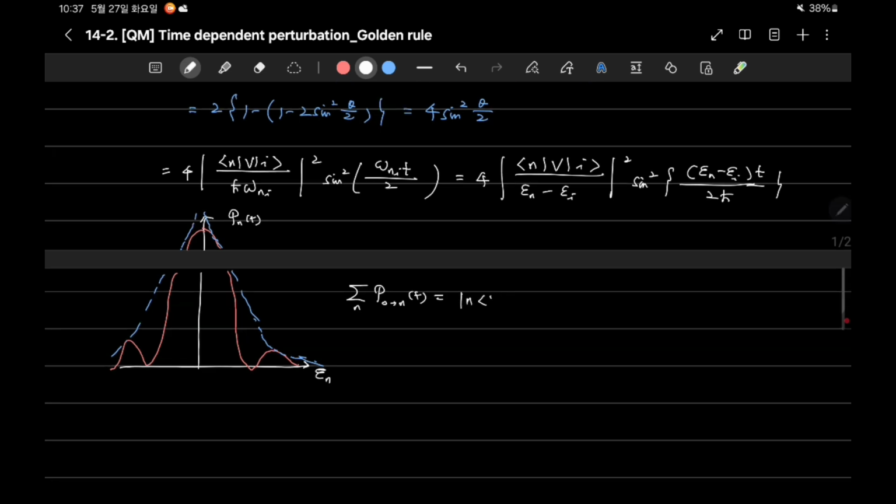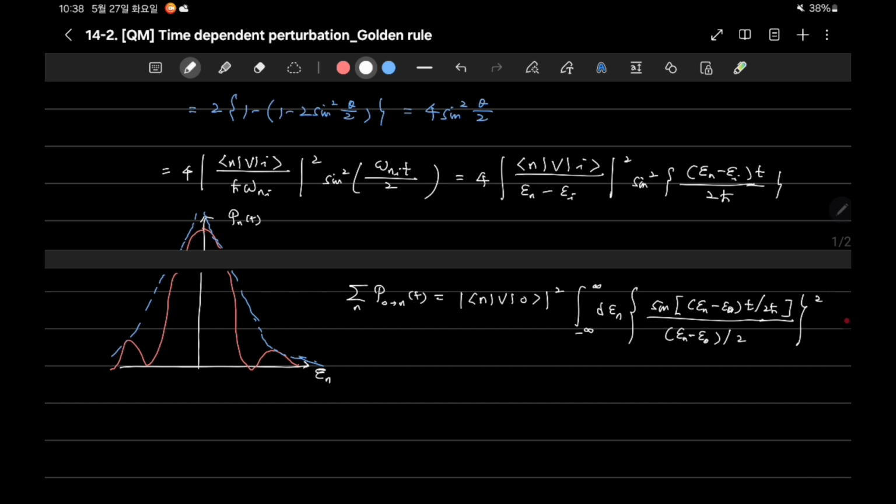So |n V 0|^2, with the initial state the 0 state, let's integrate from minus infinity to infinity over epsilon n, the factor 4 over (epsilon n minus epsilon 0) squared, and sine squared of (epsilon n minus epsilon 0) t over 2 h bar.